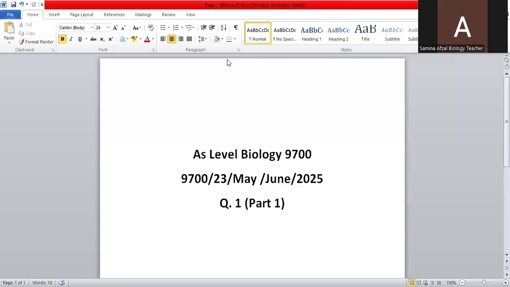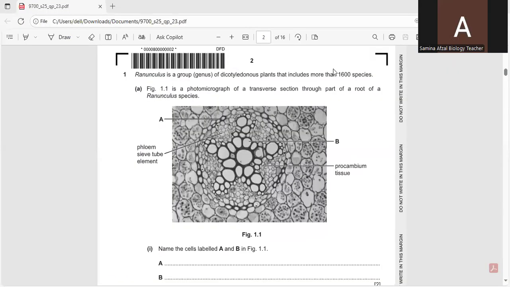Ranunculus is a genus of dicotyledonous plants that includes more than 1600 species. Figure 1.1 is a photomicrograph of a transverse section through part of a root of a Ranunculus species.